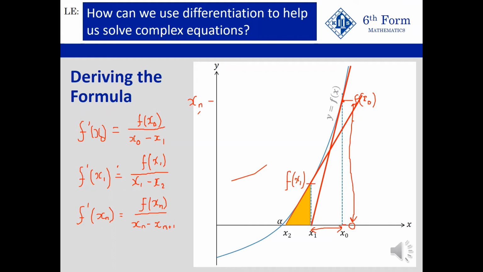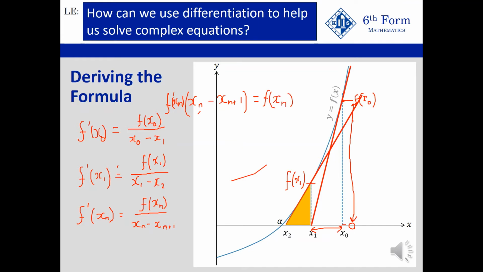So if we put a couple of steps of rearranging in, if we multiply up by xn minus xn plus 1, that will give me f dashed of xn multiplied by xn minus xn plus 1 would be f of xn.